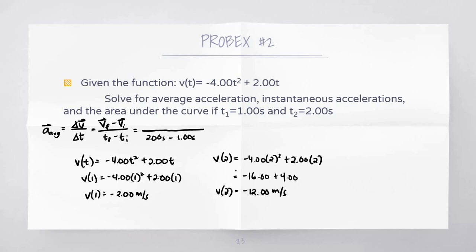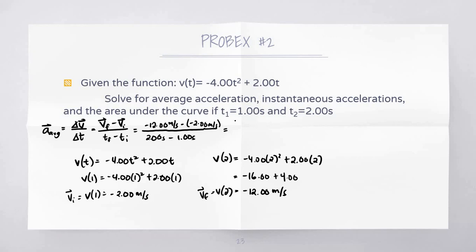So what happens then to our final velocity and initial velocity? Obviously v of 1 is our initial velocity and v of 2 is our final velocity. So just substitute what we've gathered in these two solutions. Final velocity is negative 12 meters per second, minus our initial velocity, negative 2 meters per second.